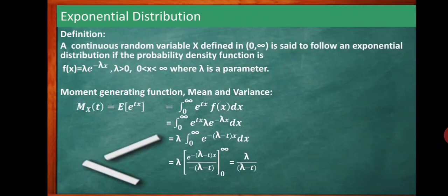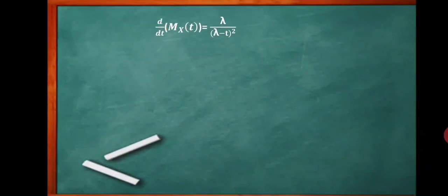Now we see how we are going to find mean using this moment generating function. For this, first we find the first order differentiation of M x of t, which is nothing but lambda by lambda minus t whole square.